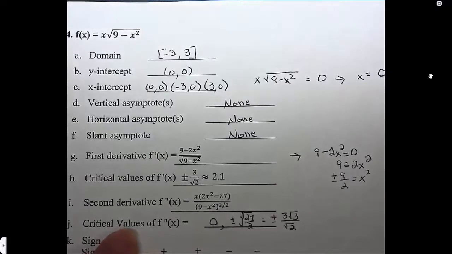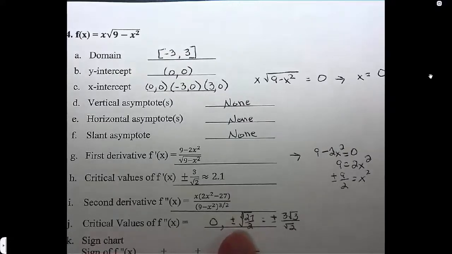That's pretty ugly. I don't know why I didn't get a decimal approximation of that. Let me see if I have it written down. I don't have it written down, but the reason I don't is that it's approximately the square root of 13.5.